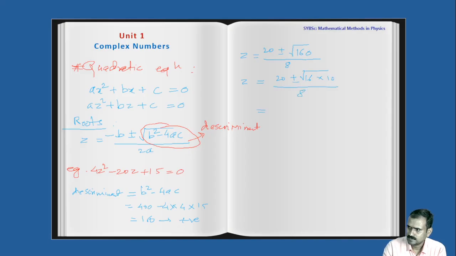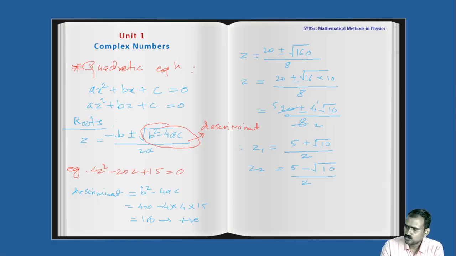Dividing numerator and denominator by 4, we get z = (5 + √10) / 2, and the other root, z2, is (5 - √10) / 2.